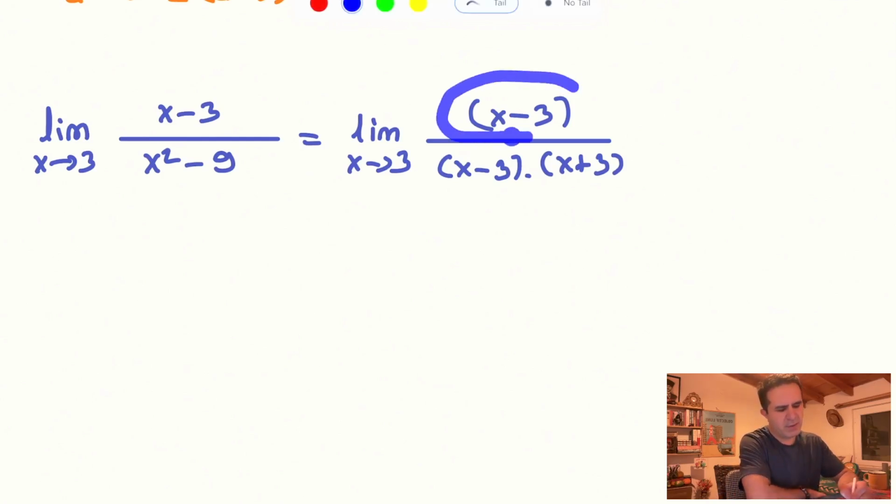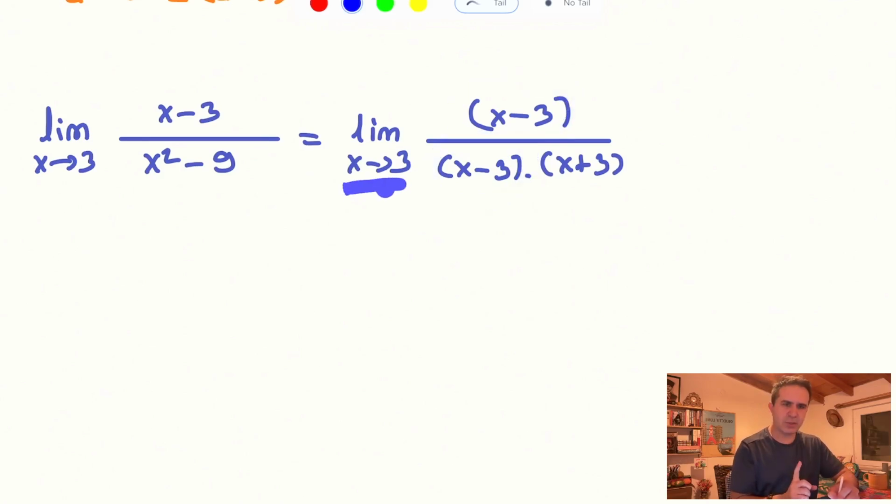Here we have an x minus 3 factor in the denominator and in the numerator. These parts are important because as x approaches 3, x minus 3 approaches 0.